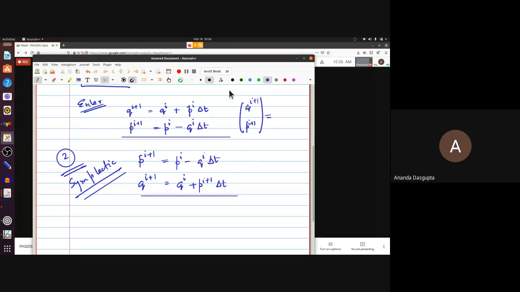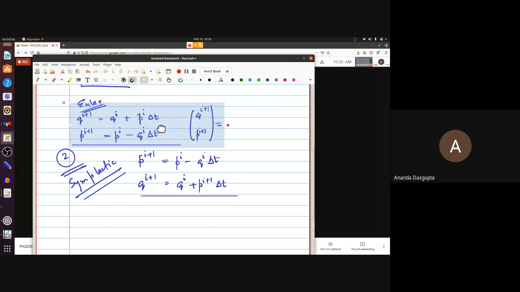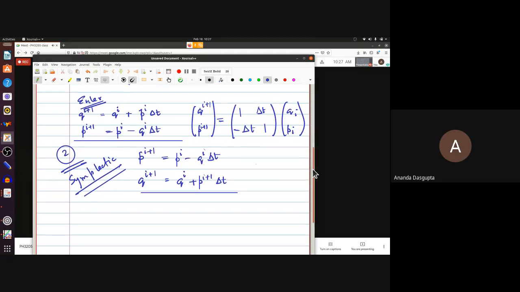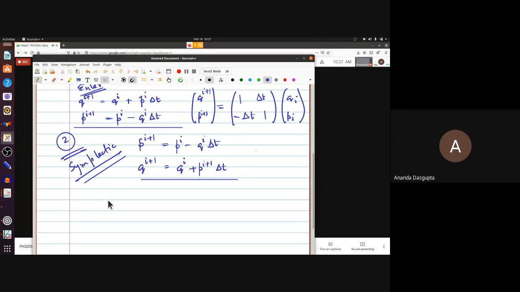I can write this in matrix form, right? For lack of time, I'm not going to go through the whole thing, but let me make a simpler statement without going into matrices and all that.